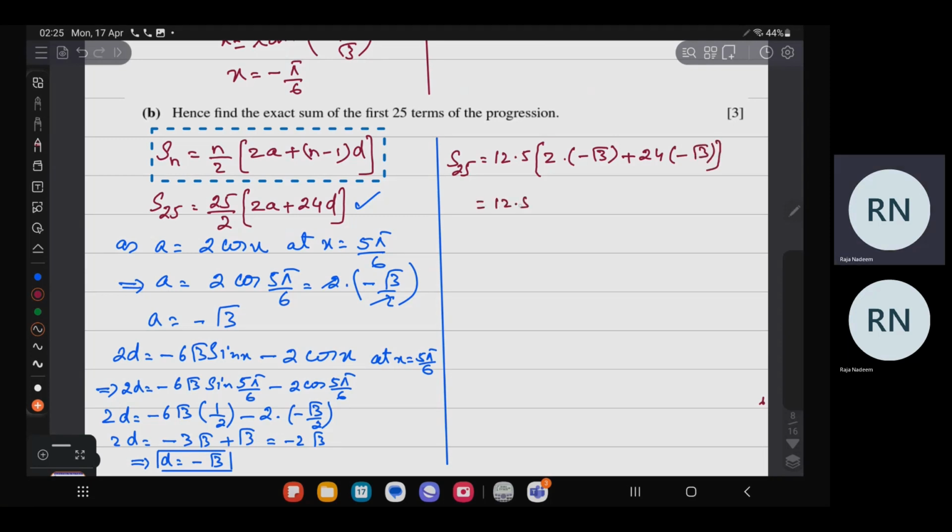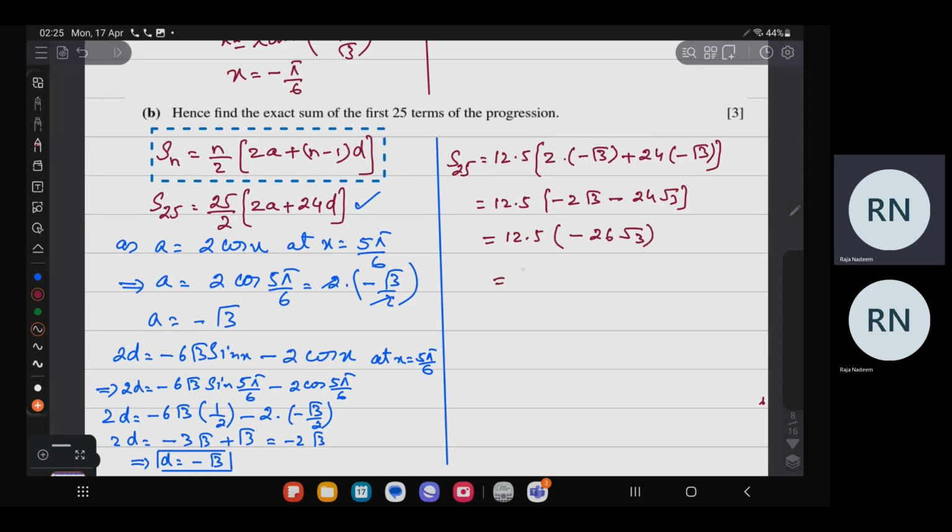It is 12.5 times minus 2 root 3 minus 24 root 3, which is 12.5 into 26 times this value.